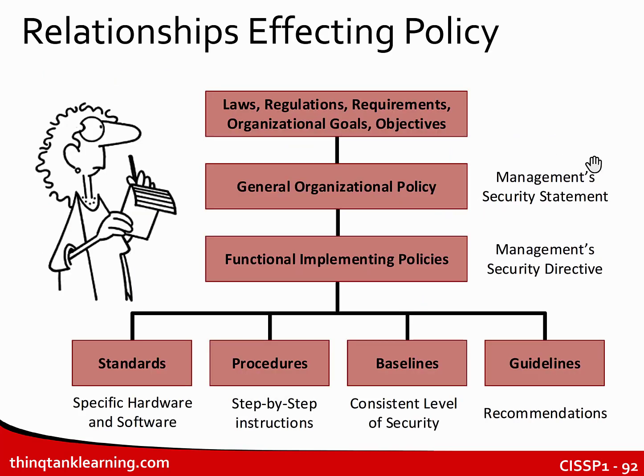So what are essentially the differences between standards, procedures, baselines, and guidelines? Well, if we look at the flow here, we have laws, regulations, requirements, organizational goals, and objectives, which can all feed into the creation of an organizational policy, right? Depending on the business sector you're in, depending on the vertical that you operate in, there could be certain laws and regulations that you have to adhere to as an organization.